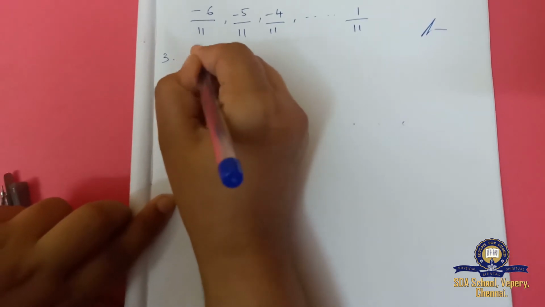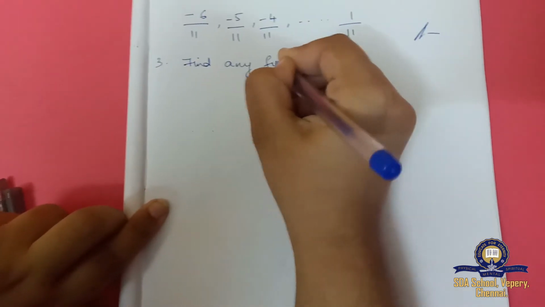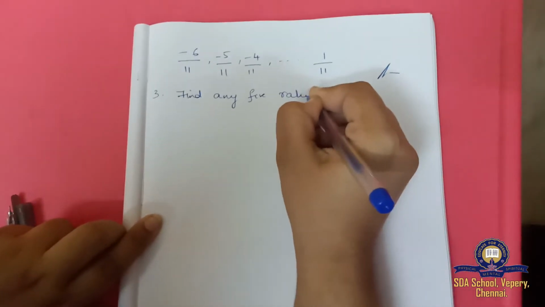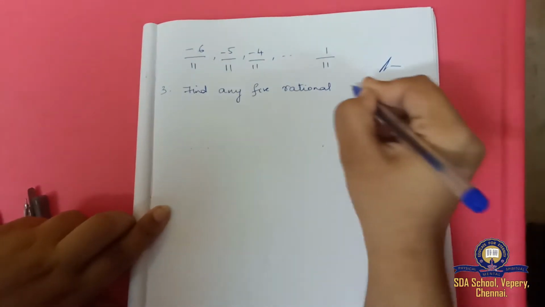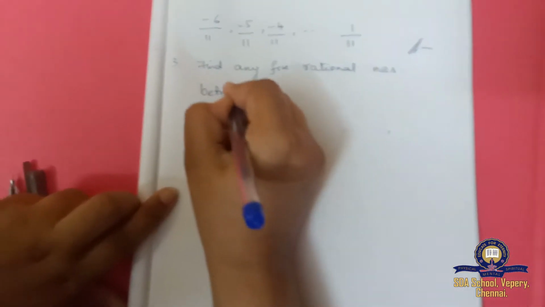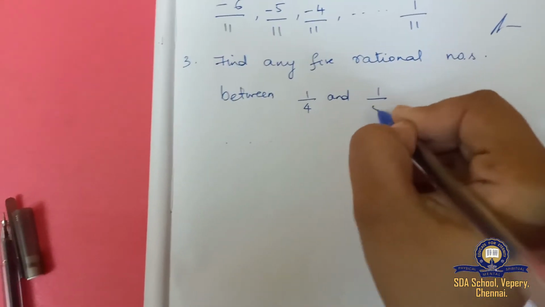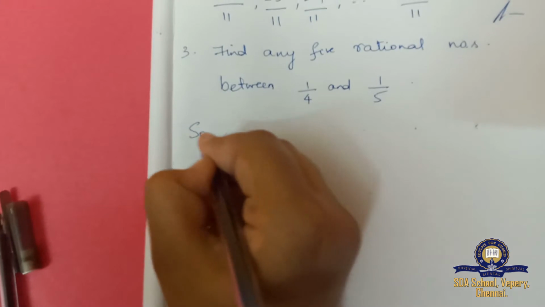Find any 5 rational numbers between 1 by 4 and 1 by 5. Okay, solution.